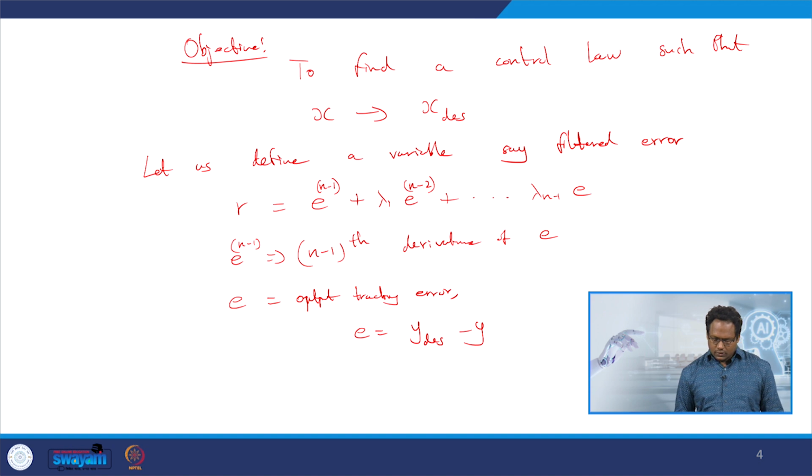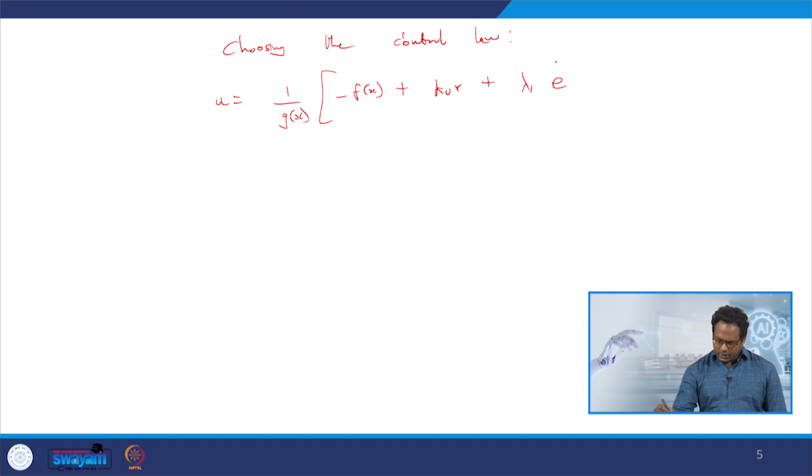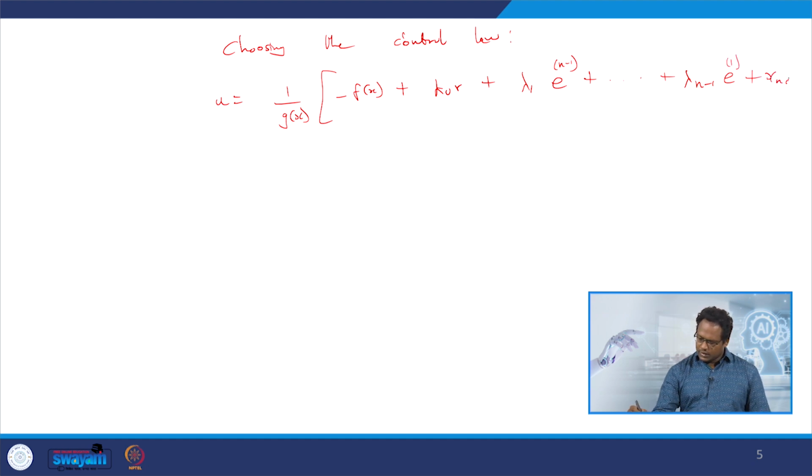Now, by choosing the control law, which is given by u equal to 1 by g of x into minus f of x plus kv r plus lambda 1 multiplied by the n minus 1th derivative of the error, and it continues plus lambda n minus 1 first derivative of e plus xnd dot, that is the derivative of the desired nth state.